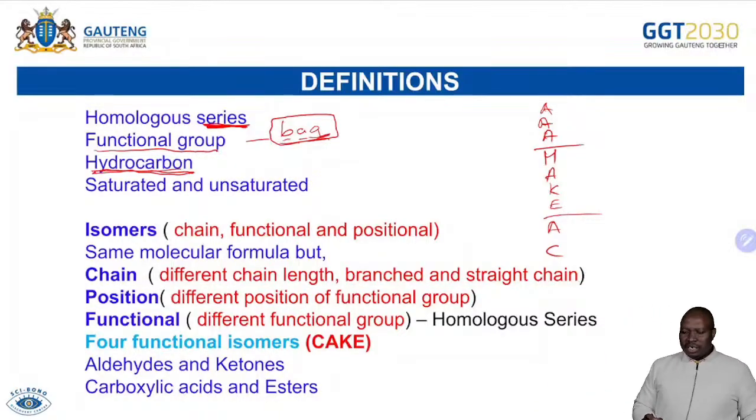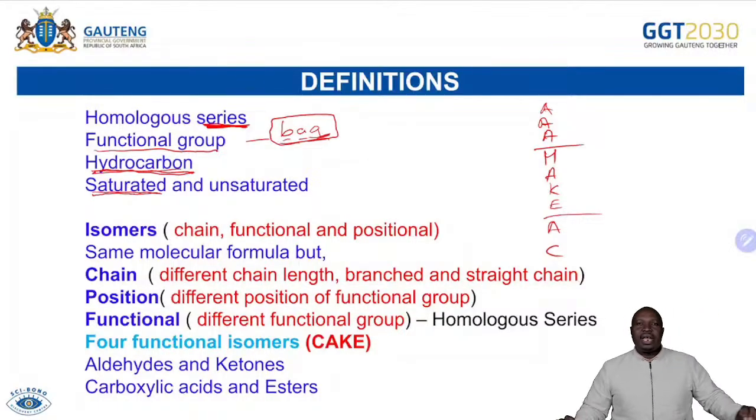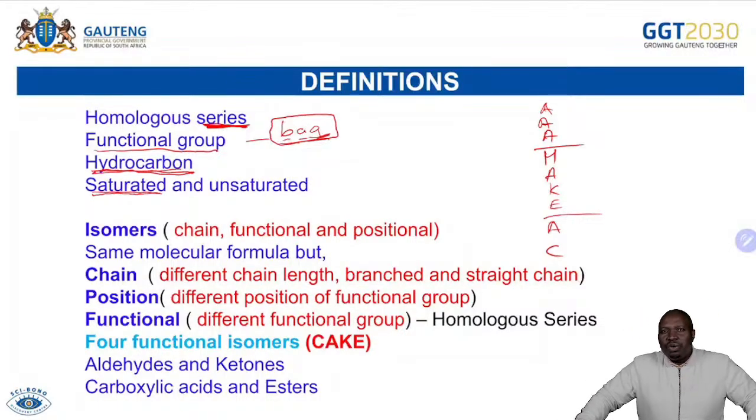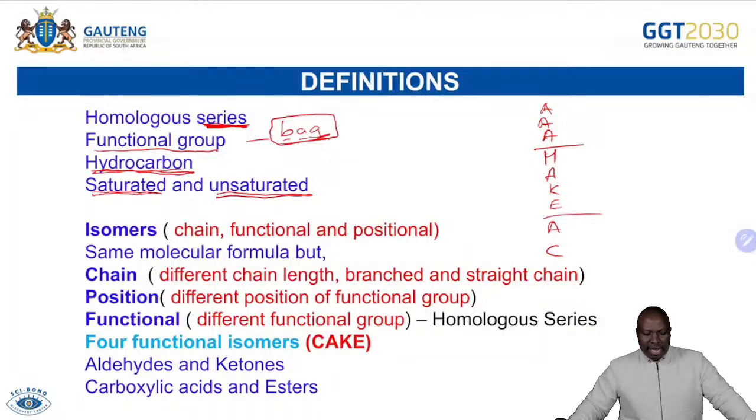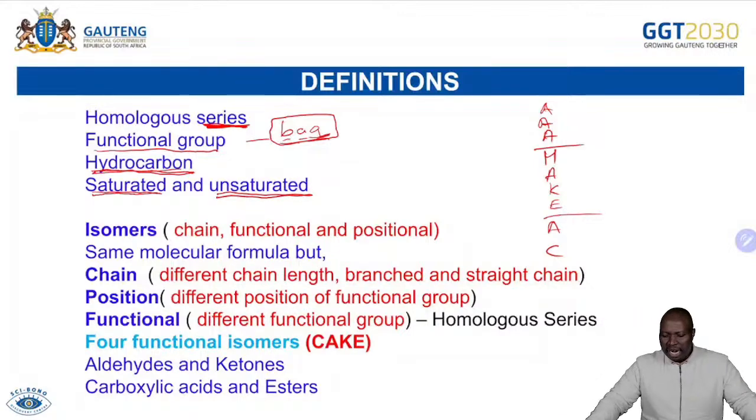Remember, saturated organic molecules have no multiple bonds between carbon atoms, whereas unsaturated hydrocarbons have multiple bonds between carbon atoms. So it's very important that you have that understanding and you are able to define all of this.